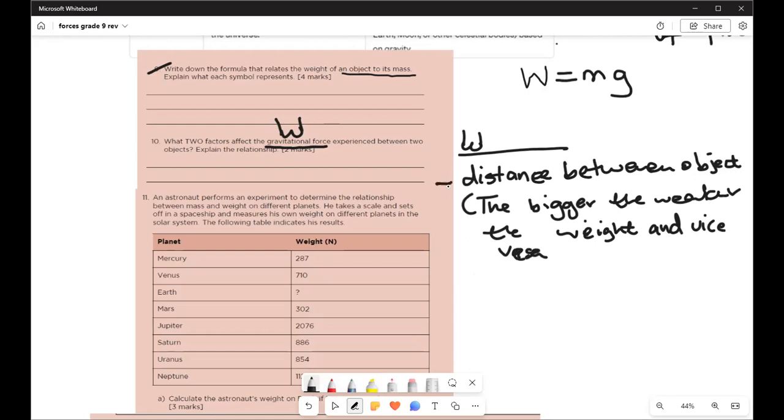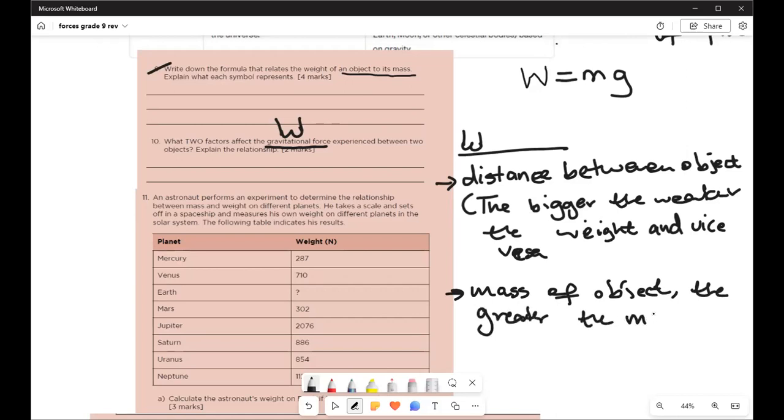The second factor will be mass of objects. Right. The greater the mass, the bigger the weight. The bigger the weight.